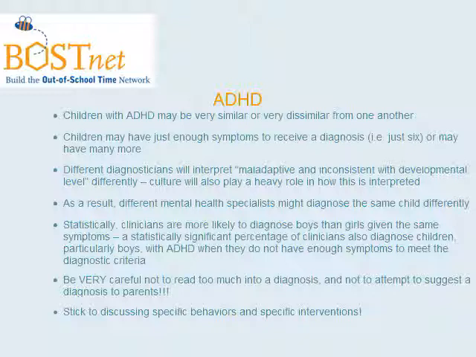Statistically, clinicians are more likely to diagnose boys than girls, so it's important to keep that bias in mind. However, it's also important to recognize that you yourself are not a doctor, and you should not suggest a diagnosis to families. Stick to discussing the specific behaviors that you observe, and come up with strategies or interventions for that child.